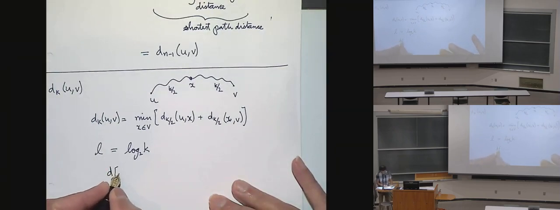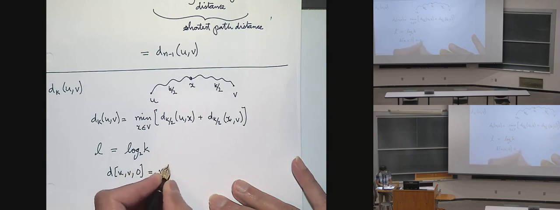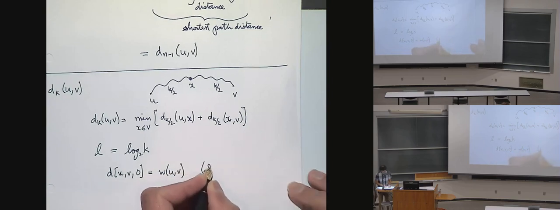So what I'll say is d_uv^0 is equal to the weight of uv. This is my base case.